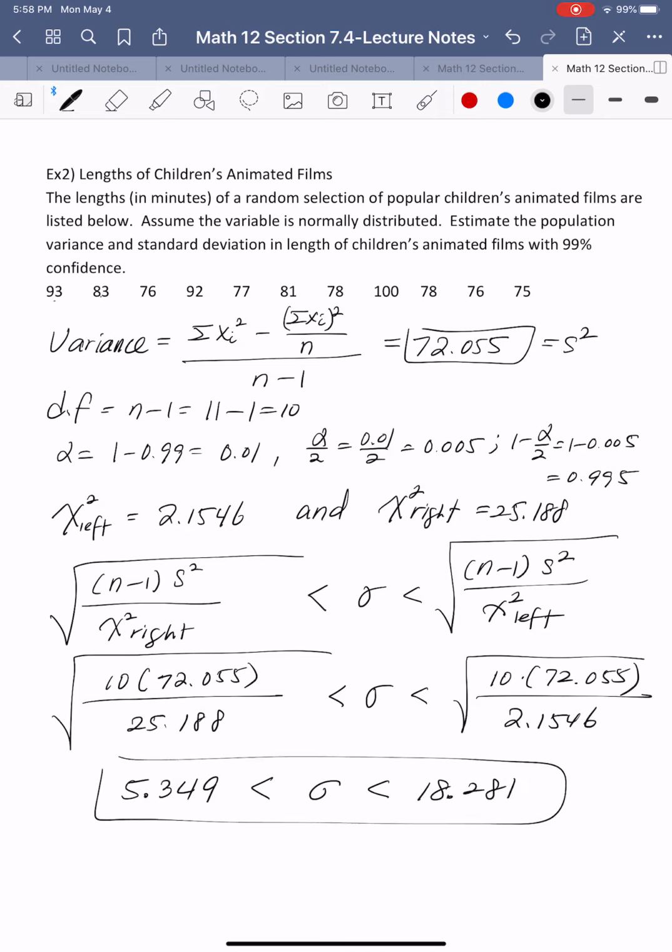So that's the confidence interval with 99% confidence.